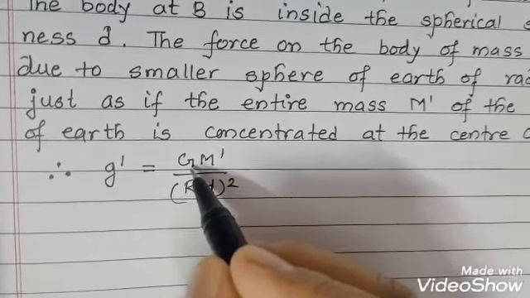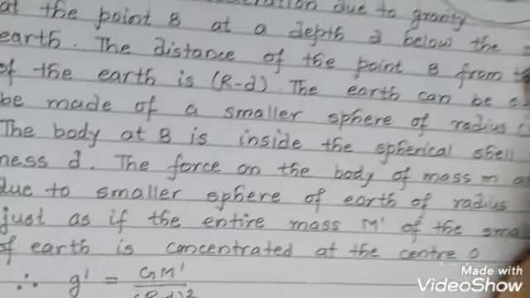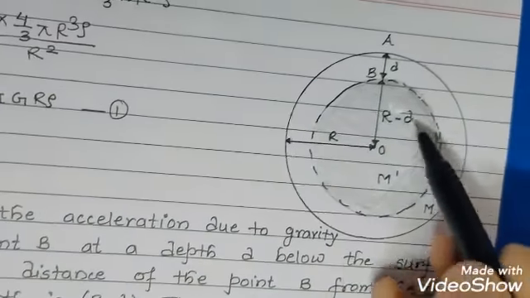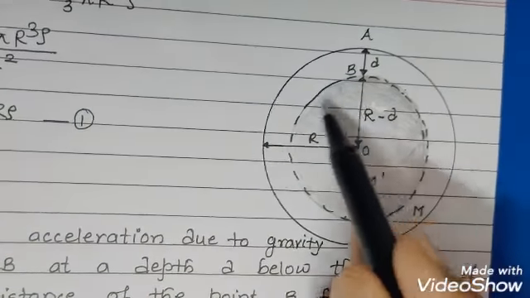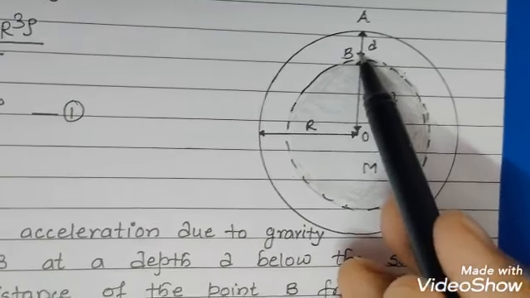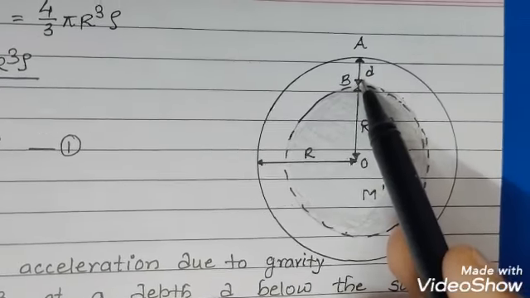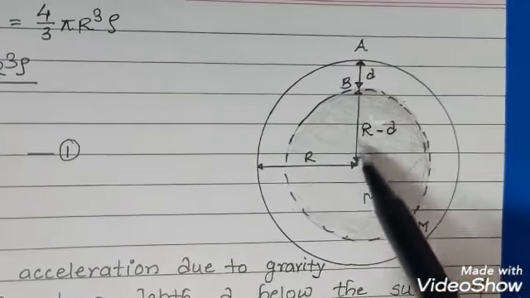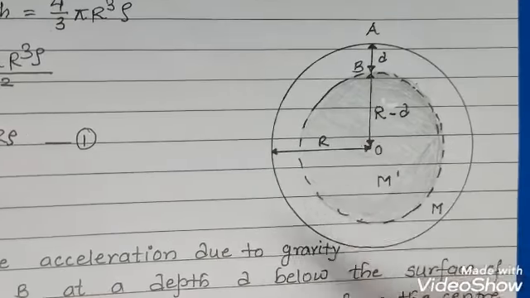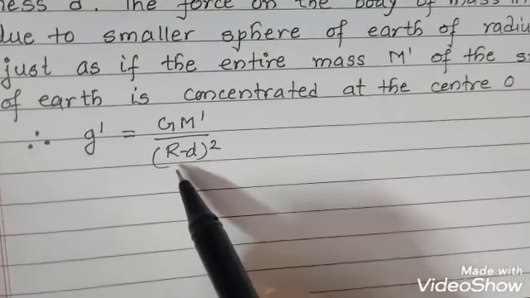G is the universal gravitation constant, and m dash is the mass of this smaller sphere, which is responsible for the force between the earth and the object placed at point B, and the distance between them is r minus d. So the square of the distance between them is r minus d square.